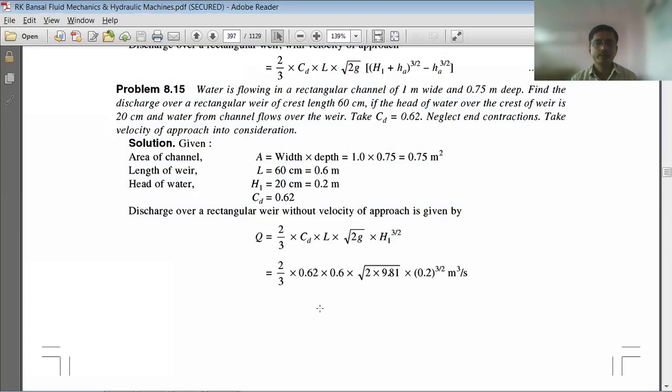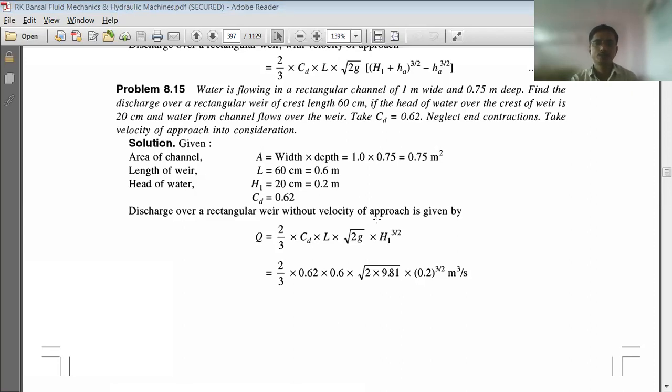Now, first of all, we have to find out the discharge over the rectangular weir without considering the velocity of approach. Why? So that we can find what the velocity of approach is. So find out the discharge by using this formula for the rectangular weir. Vedant has got 0.0983.